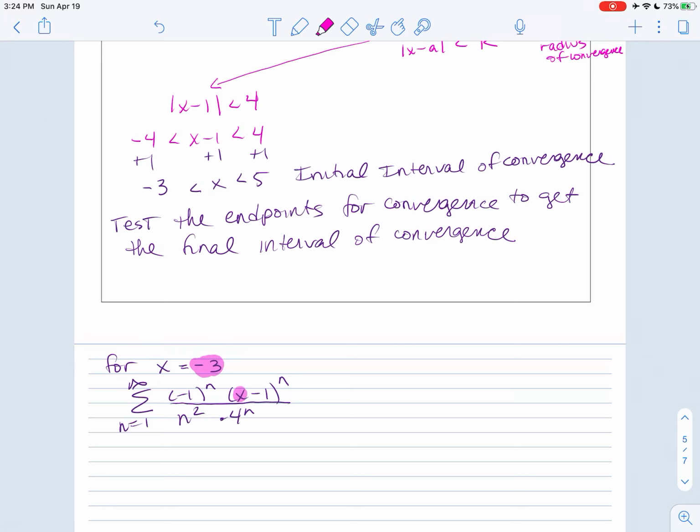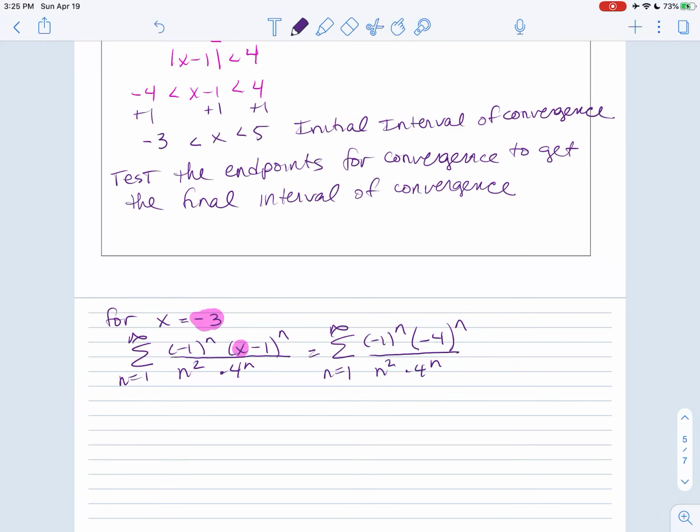And wherever x appears, I'm going to substitute my value of negative 3, and it's going to transform my series back into a series of number terms. So I have minus 1 to the n times negative 3 minus 1, which is minus 4, to the n, over n squared times 4 to the n.